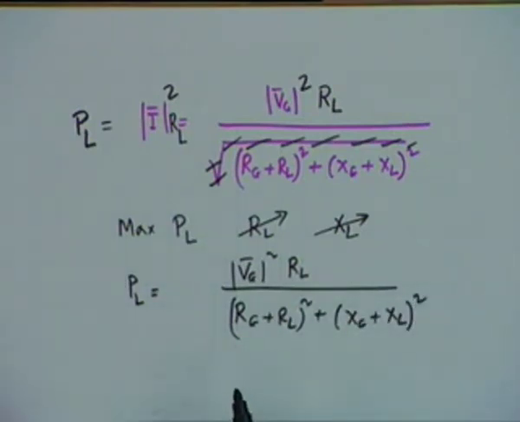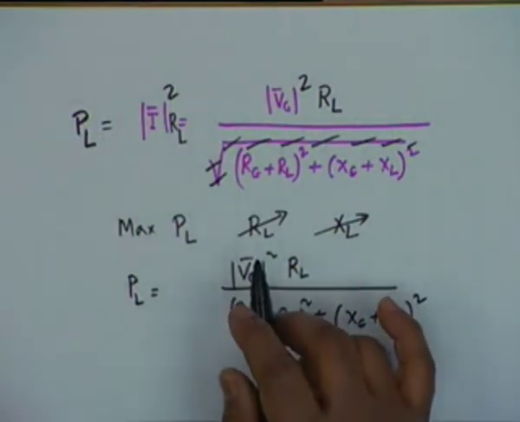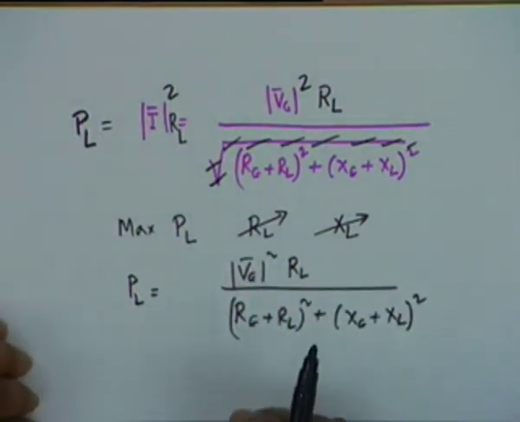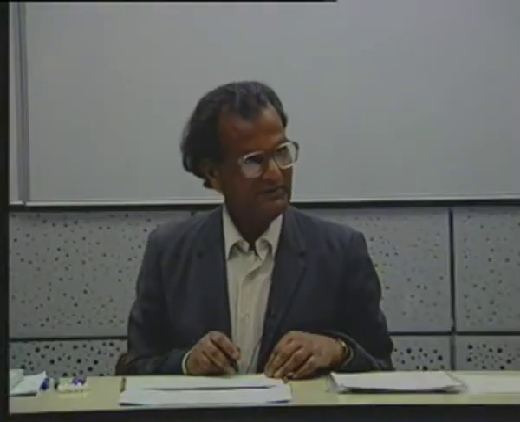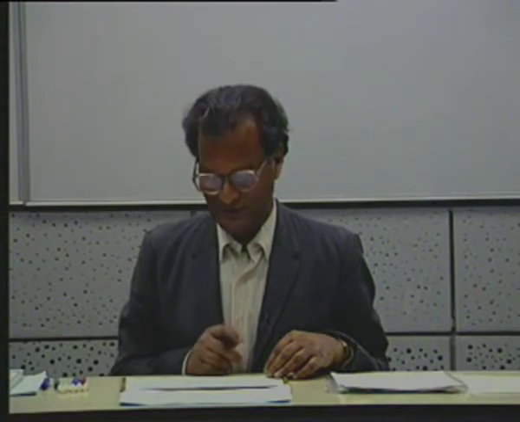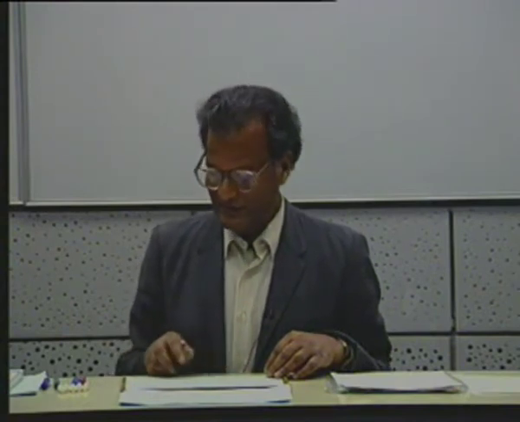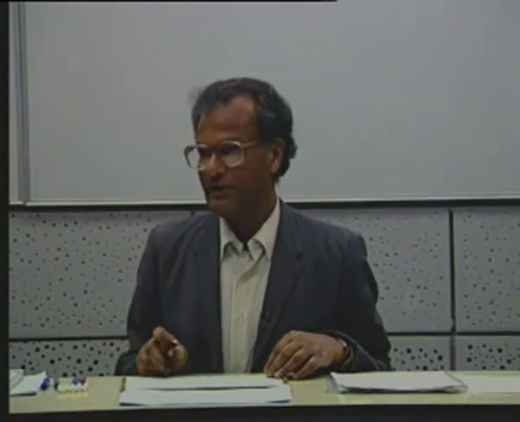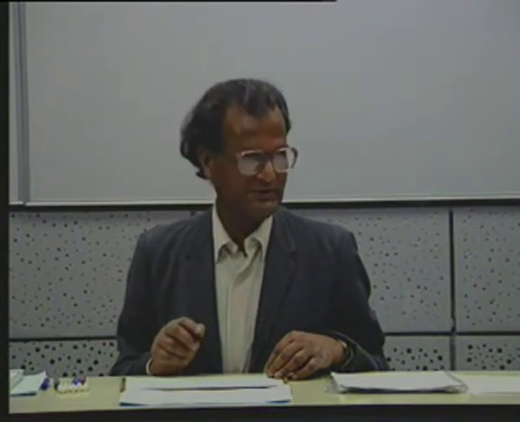Since there are two variables, namely the resistive part of the load and the reactive part of the load, PL is a function of two variables, and therefore any maximization that I do shall require partial differentiation.